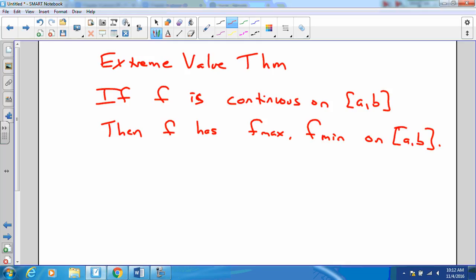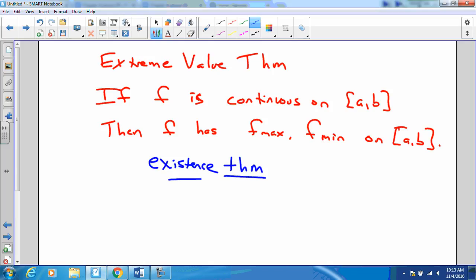Now, what we like about the extreme value theorem is that it is an existence theorem. It guarantees that there is a value that is a max, and it guarantees that there is a value that is a min. And that is extremely helpful to us under certain circumstances, but it has a limitation. It doesn't find the max or min for us.